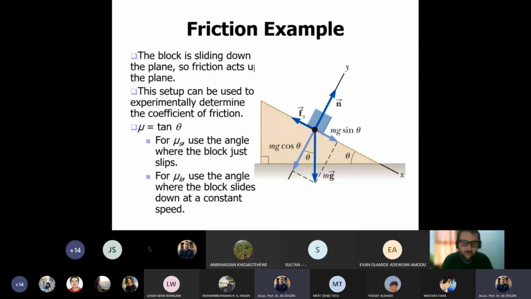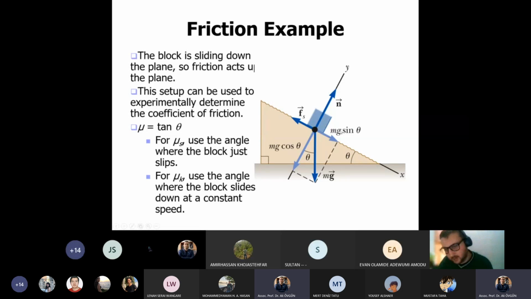If there is friction on the inclined plane and the block is sliding down the plane, the friction acts up the plane, because we know that the friction force is always in the opposite direction to the motion.